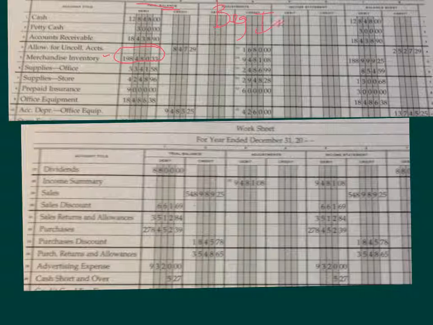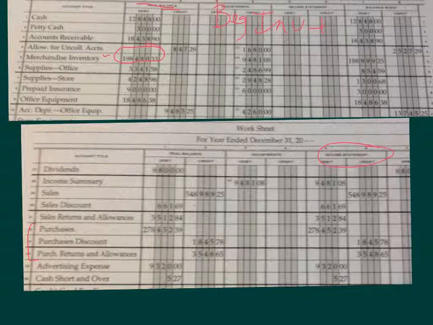So our beginning inventory plus our net purchases. Our purchases, remember, are going to be in our income statement column, and we have purchases, purchase discount, and purchase returns. We want to be able to get our net purchases.